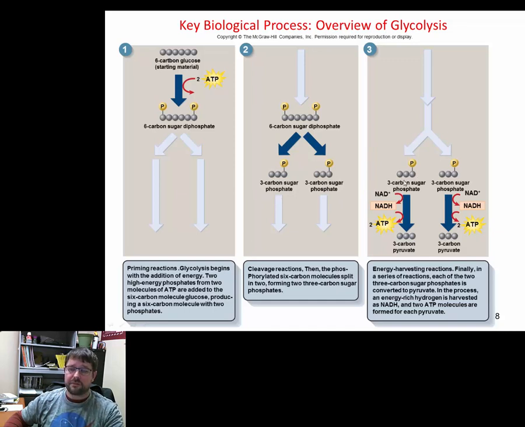That 3-carbon sugar phosphate goes through an oxidation phase where electrons are removed to form NADH, and the energy from that is utilized to phosphorylate ADP to form ATP. And so you can see at the end of glycolysis, you get 4 ATP for that single glucose molecule. So you expend 2 ATP and you get 4.